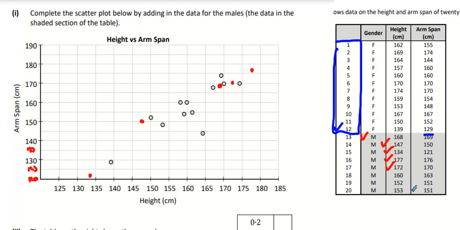Okay, 160 and 163, so 160 and 163 in around here. And then 152 and 150, so 152 and 151 around here. And finally 153 and 151. 153 and 151 around there as well, right?